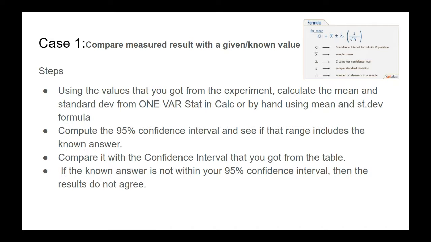All right, so the second step: we're going to compute the 95% confidence interval and see if that range includes the known answer. At the top right, we're going to explain what a confidence interval is again.